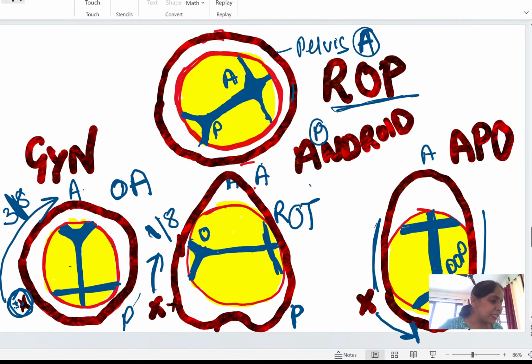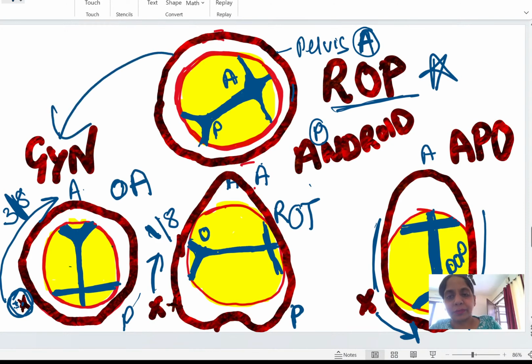Now if the pelvis is gynecoid, it means the pelvis shape is round, right? So the posterior fontanelle rotates and becomes anterior.